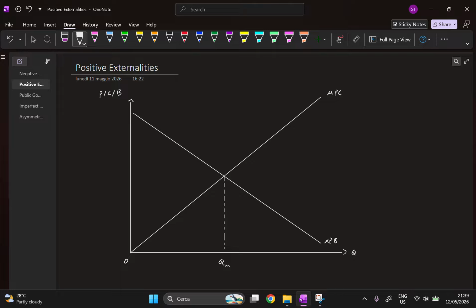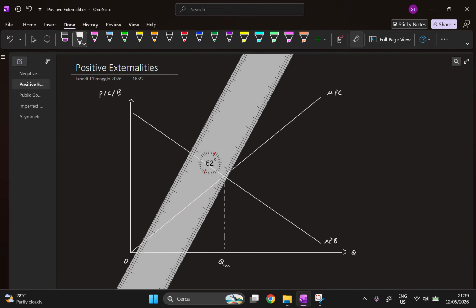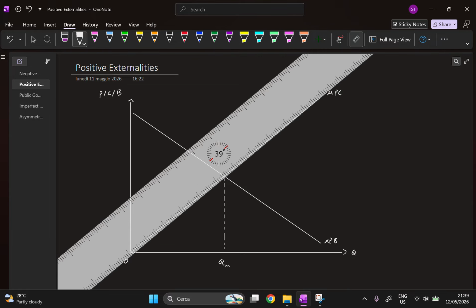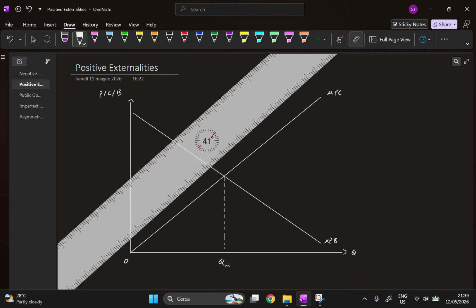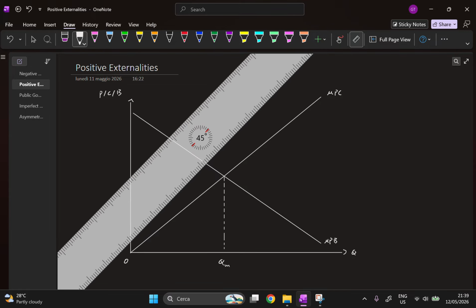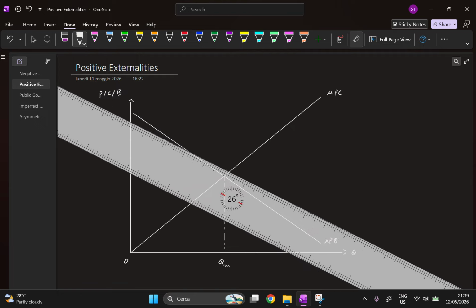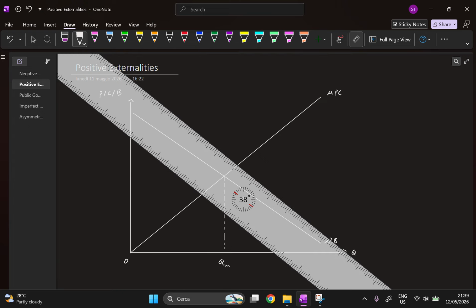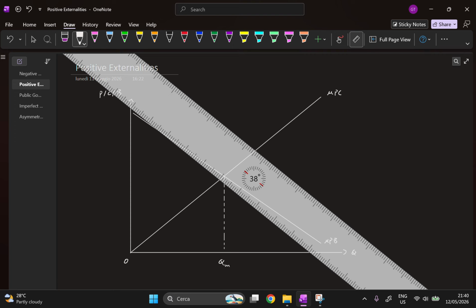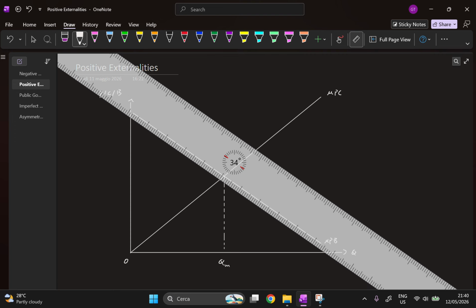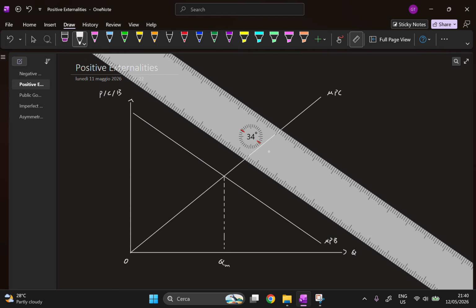So you remember earlier, I have an MPC, I draw my MSC on top and a bit further, right, as compared to my MPC. So now instead, we're going to shift the ruler here, go to our MPB. I'm going to shift my ruler on top, and I'm going to angle it like that.